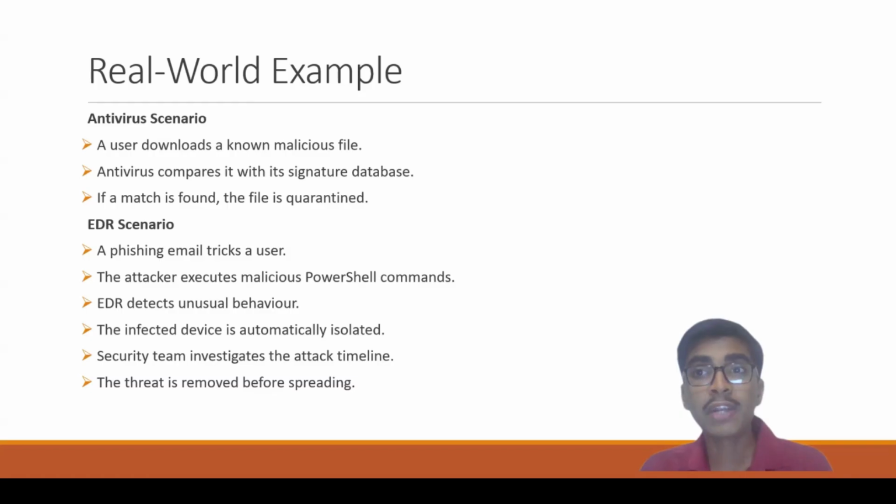It is trying to escalate its privileges, trying to get CMD rights, and trying to download many other software onto the system. EDR detects these things also. That's why EDR is, I can say, the more upgraded version of antivirus.